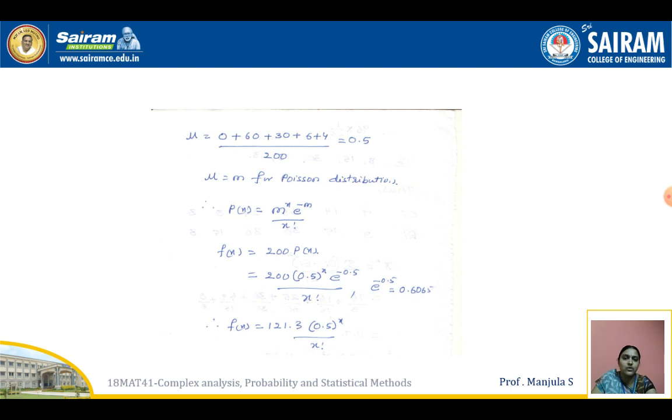You substitute in P of x. F of x is the formula we use to find the theoretical frequency. 200 is the total frequency; if you add the given frequencies, you get 200. So 200 into the Poisson distribution. Substituting the values in that formula, on simplification we can write the formula as 121.3 into 0.5 to the power x divided by x factorial.